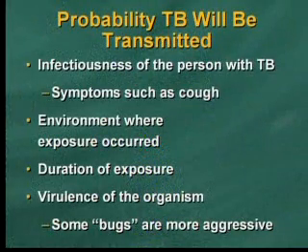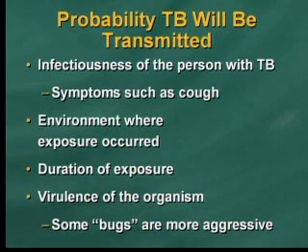This is somewhat what we call our pre-investigative homework. The probability TB will be transmitted involves the infectiousness of the person. So if you're dealing with a person who has a smear negative cough sample and they're asymptomatic, it's not that you're delaying the process of investigation, but you need to gather some more information before you run out and start knocking on doors. Okay? Environment where the exposure occurred.